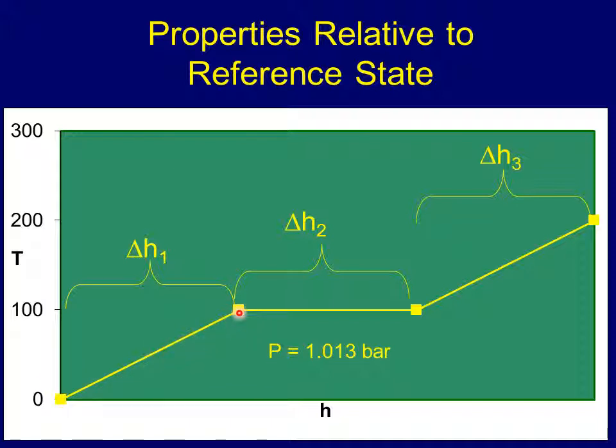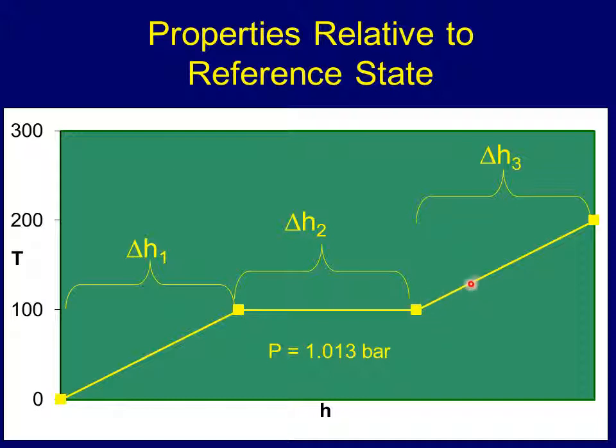So the enthalpy that you calculate here will be Hf at 100 degrees. From this point, Hf to Hg is simply Hfg.